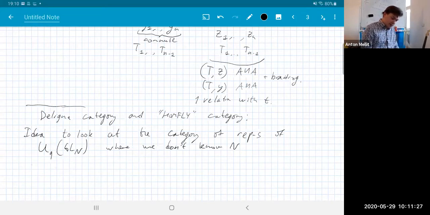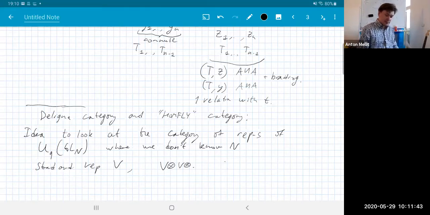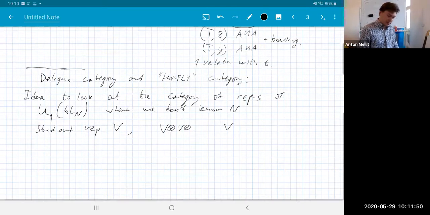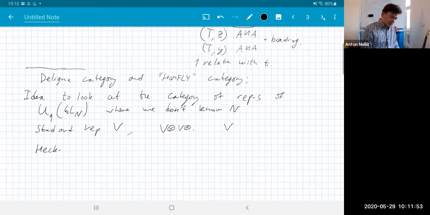This category must contain the standard representation V, and we have its tensor powers, V tensor V tensor V. This is a braided category, so we have braidings, and then we get Hecke_n as just endomorphisms of V tensored with itself n times.